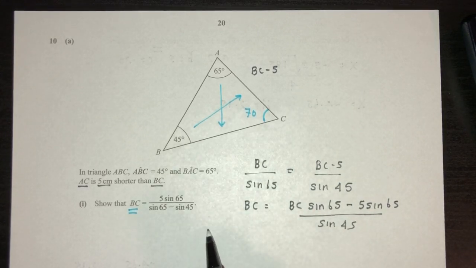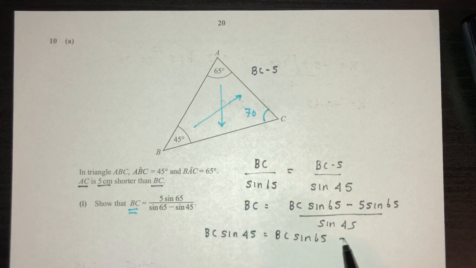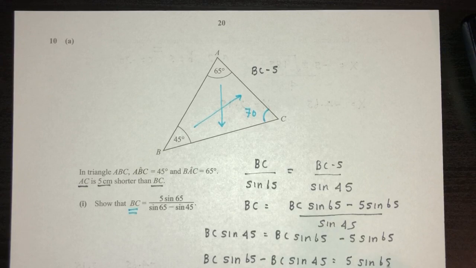You will have BC sine of 45 equals BC sine of 65 minus 5 sine of 65. So let's send this over here and this over here. You will have BC sine of 65 minus BC sine of 45 is equal to 5 sine of 65.